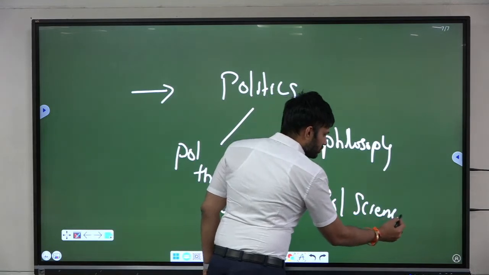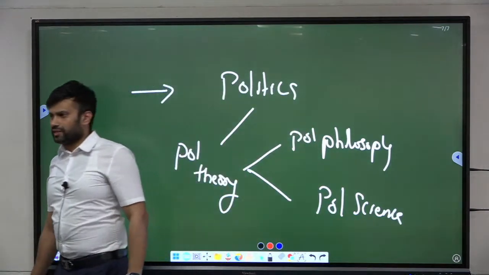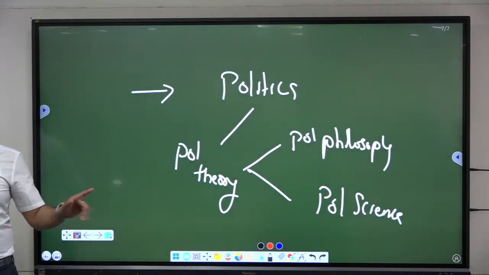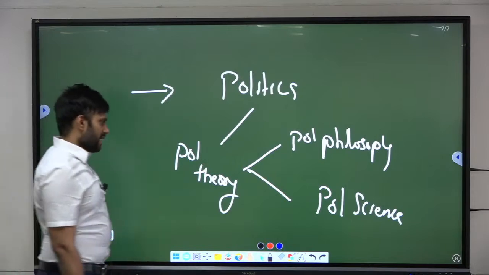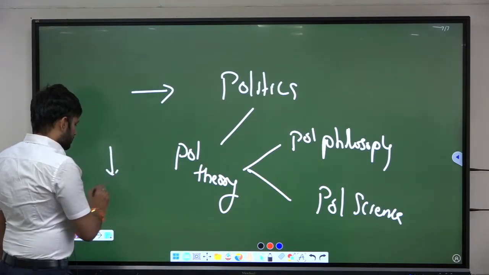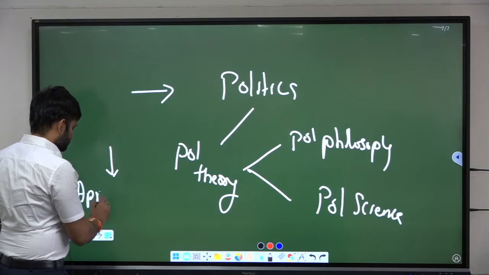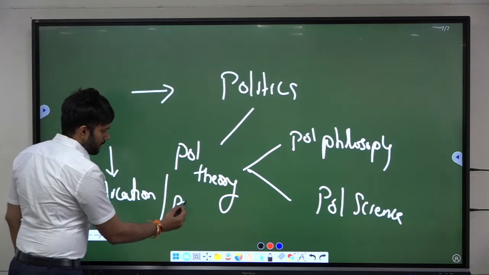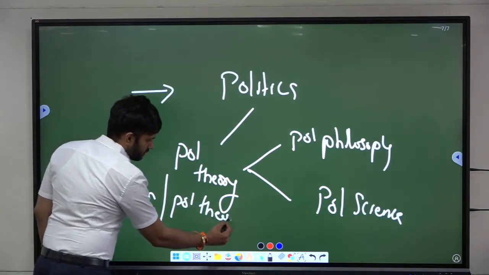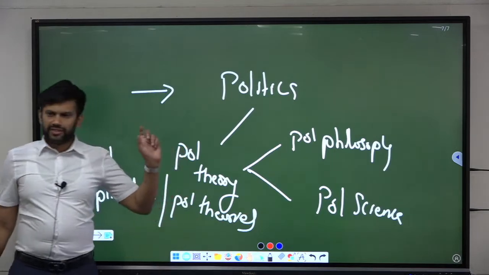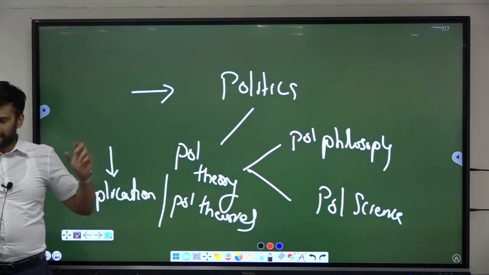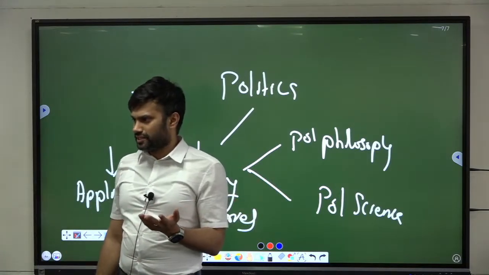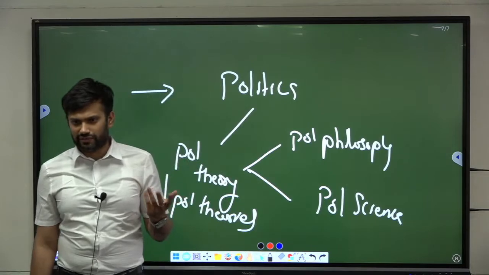We have to go through the difference between political philosophy and political science, because Plato is considered the father of political philosophy, and Aristotle is considered the father of political science. Then we will be studying the application or use of political theories. This will be one chapter where we go through all these elements. Many questions have come here, such as differentiate between political philosophy and political science, or they might ask to comment on political philosophy.